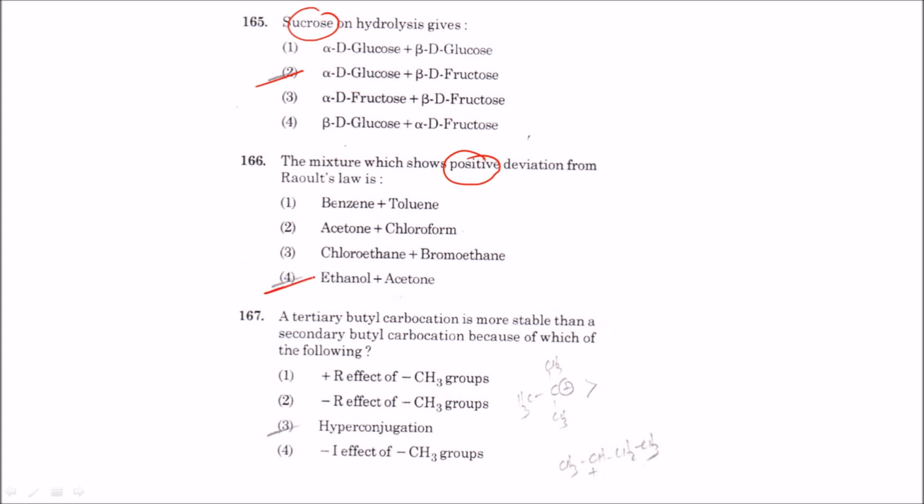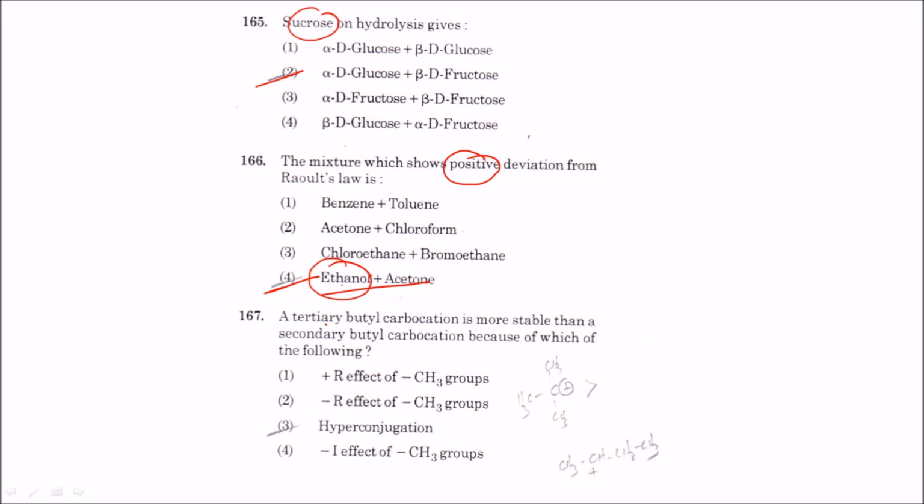The right answer for this question is the fourth one, because if you take ethanol, two ethanol molecules are held together by strong hydrogen bonding. But after mixing ethanol and acetone, the new intermolecular forces between ethanol and acetone are not strong compared to the hydrogen bond. So the one which shows positive deviation is the mixture of ethanol and acetone. Right answer is the fourth option.